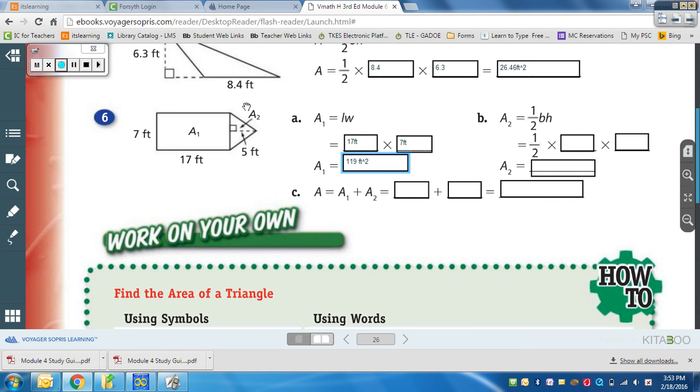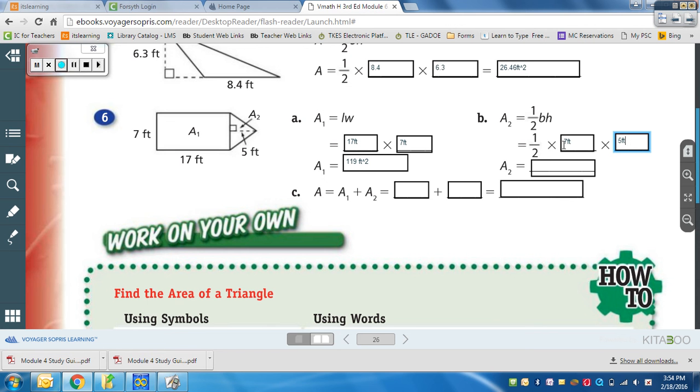Now we're going back to the triangle. The height is denoted by the dashed line. The base is here, which is parallel to here, which means the base must be what? 7 feet. It's going to be the same as the width of the rectangle. And our height is denoted here by the dashed line, which is marked as 5 feet.